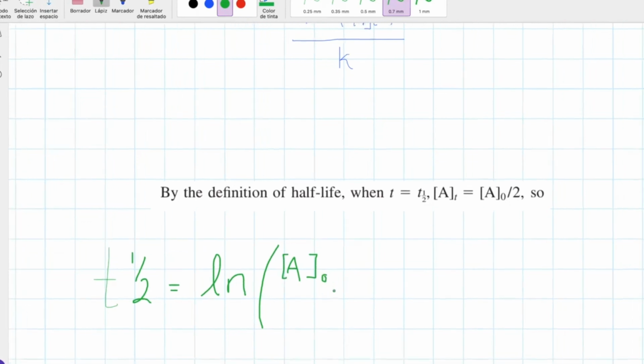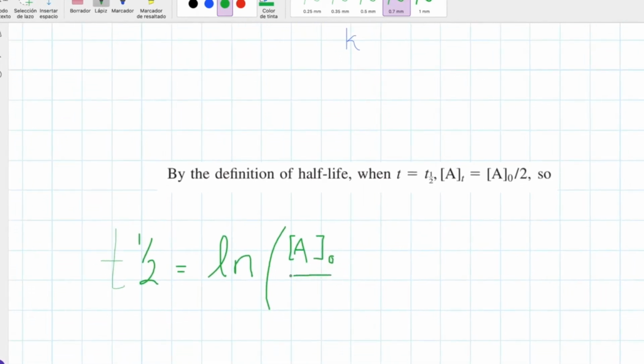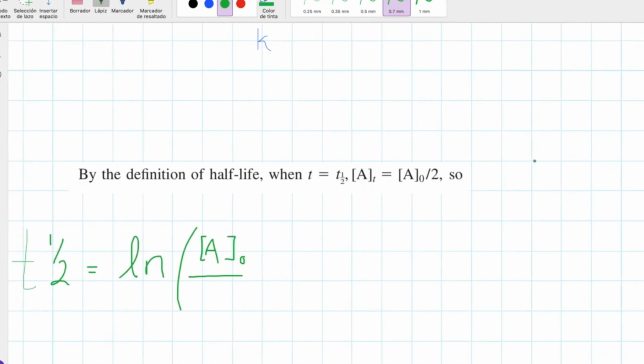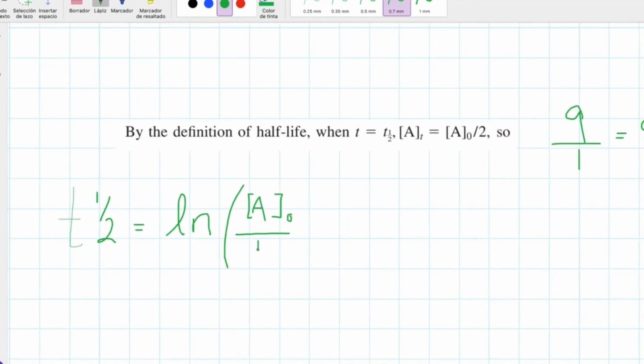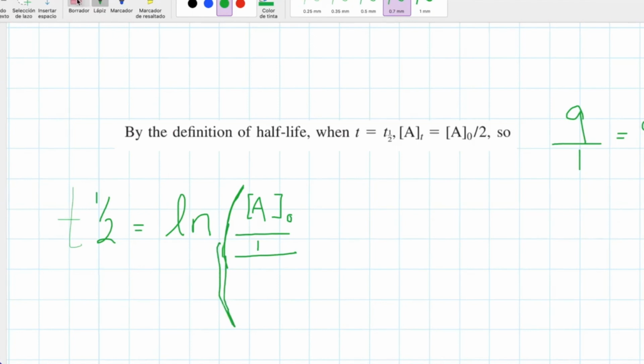So we would have ln of initial concentration, then over, remember that all numbers could have a 1 as a denominator, so it wouldn't change anything, like 9/1 is 9.